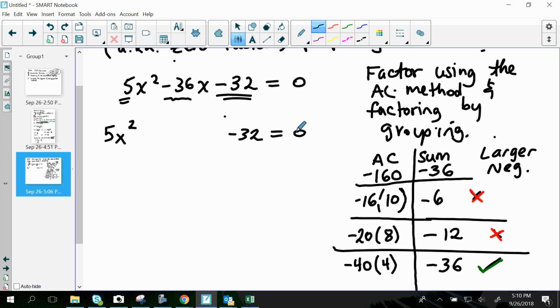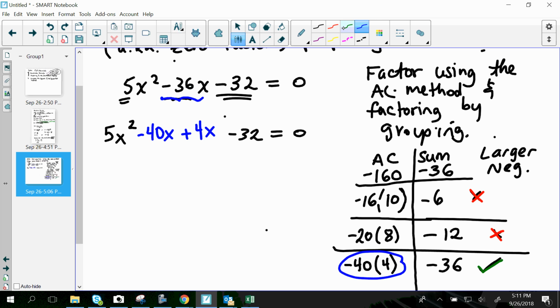And then in the center, I am going to rewrite negative 36x using this factor pair as a sum. So I'm going to do negative 40x plus 4x. Notice that if you combine those like terms, you would get back to negative 36x.